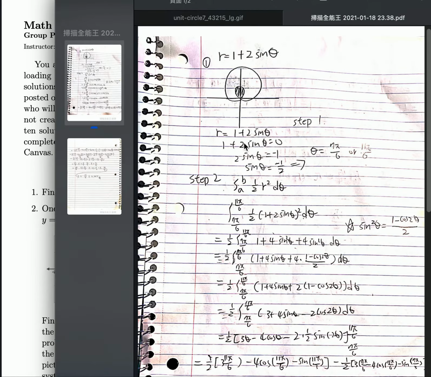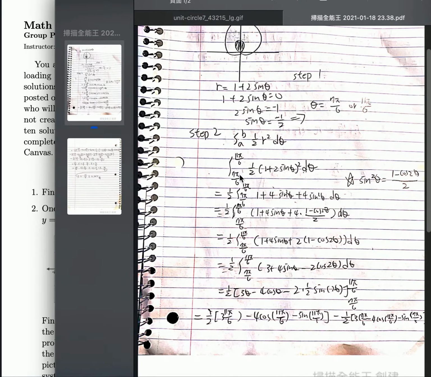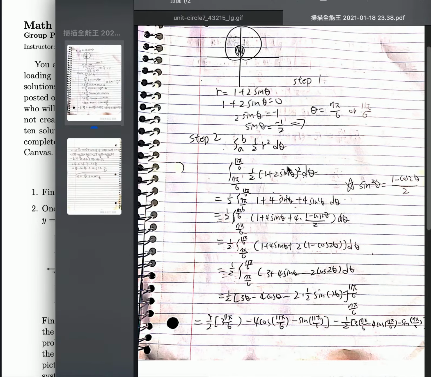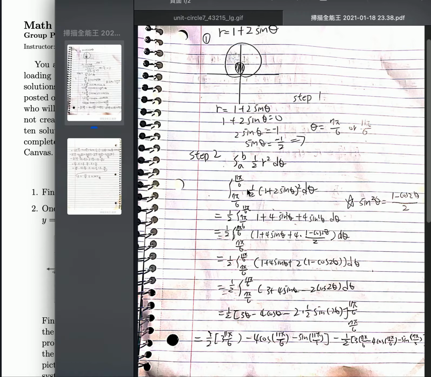And step 2, we use this area formula, and we plug in 7 pi over 6, 11 pi over 6, and r into this formula. So we get this function right here: the integral from 7 pi over 6 to 11 pi over 6 of 1/2 times (1 plus 2 sine theta) squared d theta.